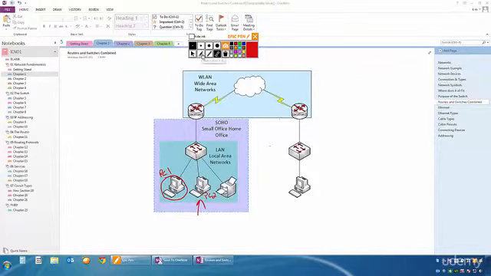But if PC1 wants to go out and hit the internet, you're going to type in www.yahoo.com. But remember, you might be typing that in, but it is getting resolved to an IP address. You might be putting names into your browser, but that name is being translated to an IP address.